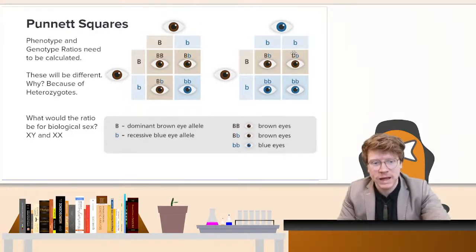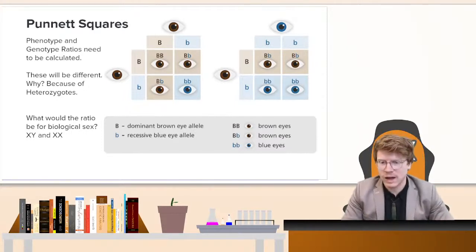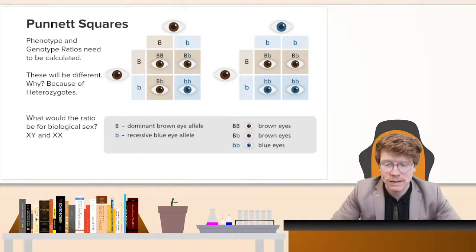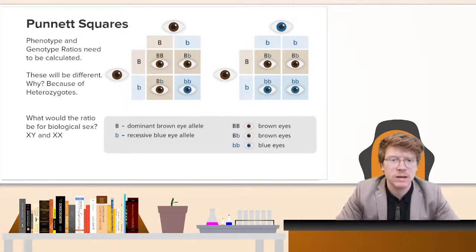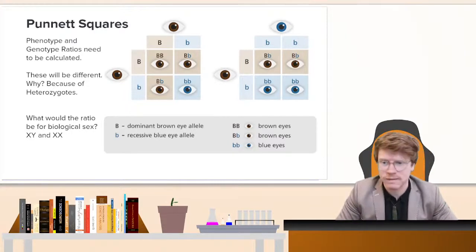And if you replace, say, the little b over here with an X and the big B with a Y, and do those steps, you'll notice you get 50% XY and 50% XX. And so the XY parent is the one who is determining the biological sex of the offspring, right? Whether they receive the X gamete or the Y gamete. That's the gist of it, right?